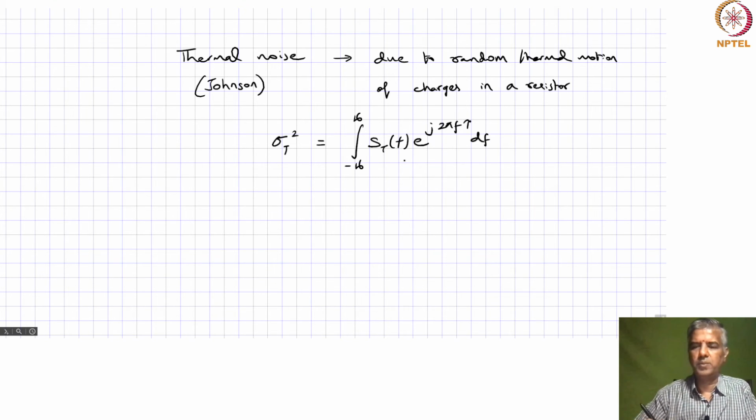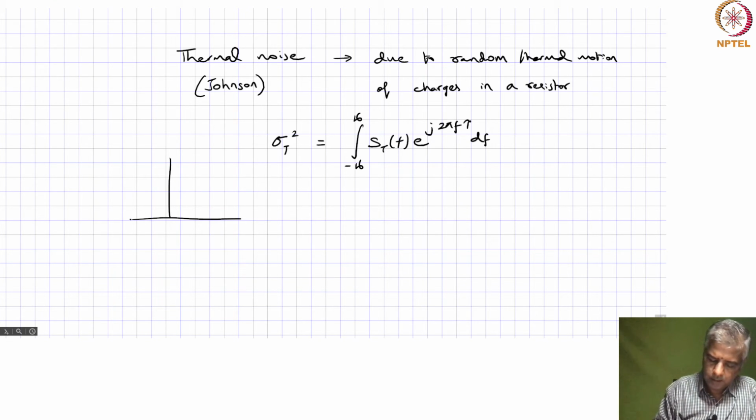So this exponential goes away, and then you're just integrating over St(f), and St(f) is once again characterized by a white noise.